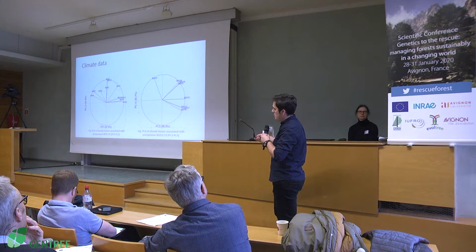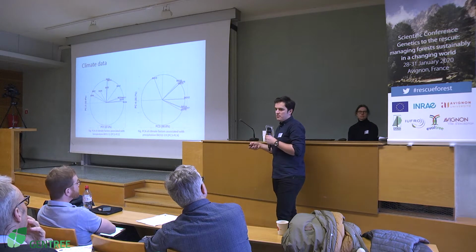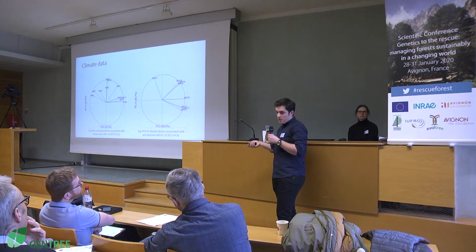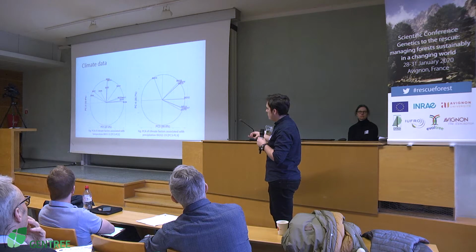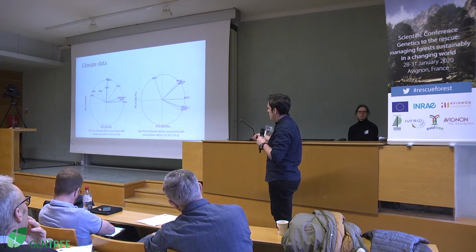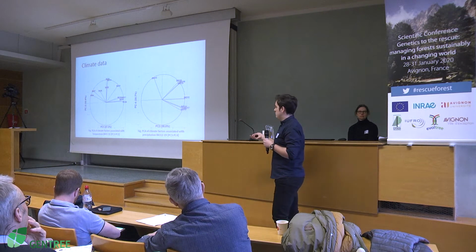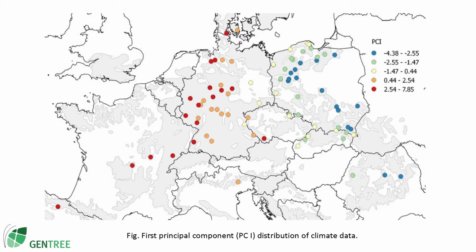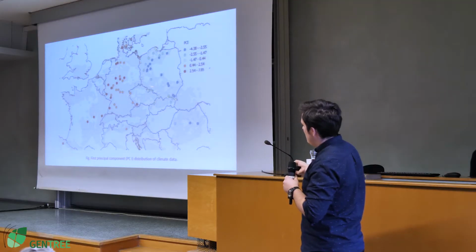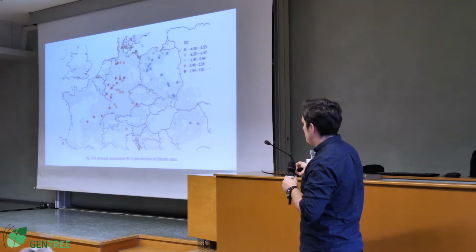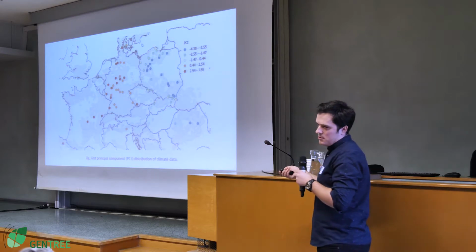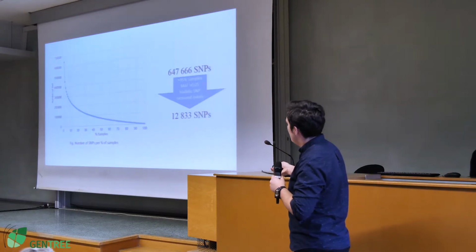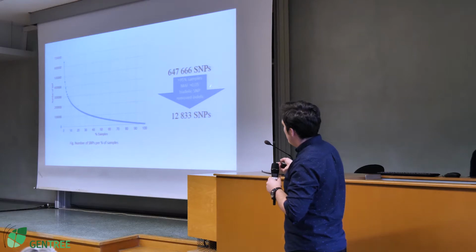PC1 and PC2 reflect temperature, and PC3 and PC4 reflect rainfall. To show you that this is quite okay, the PC1 factor reflects the continental-Atlantic climate influence. So it's very good.